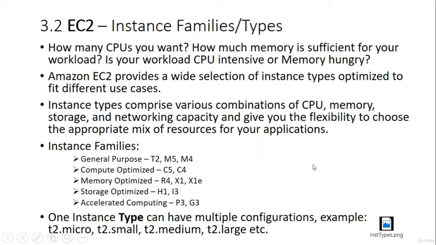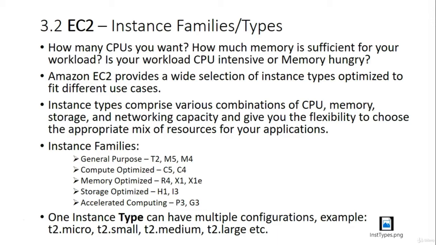Here we will see about EC2 instance families or types. Before you launch your EC2 instance, there are some considerations to be made, like how many CPUs you want, how much memory is sufficient for your workload, and whether your workload is CPU intensive or memory hungry.